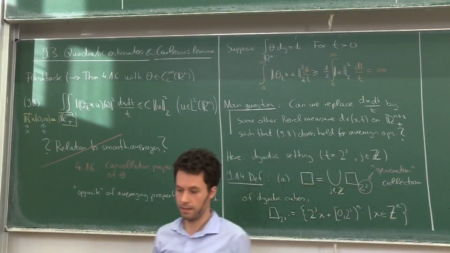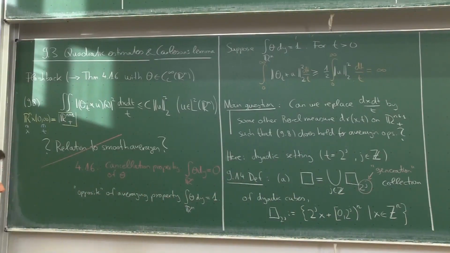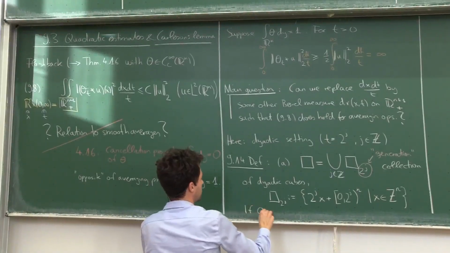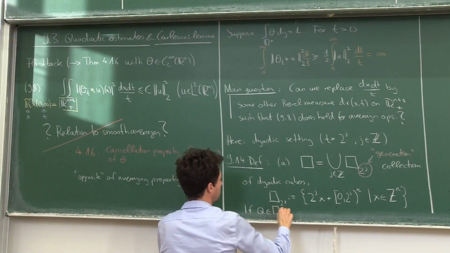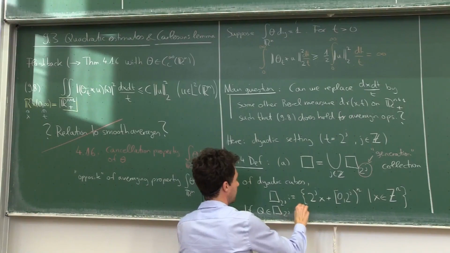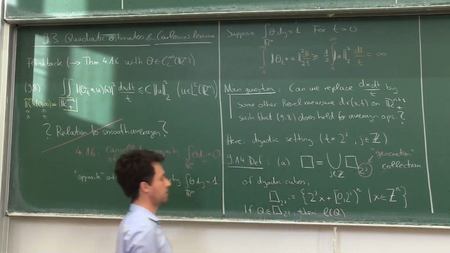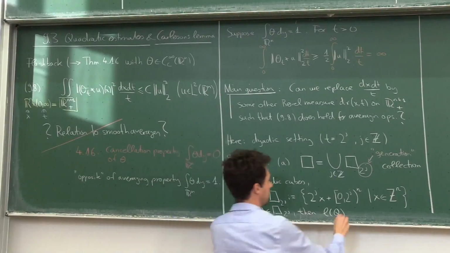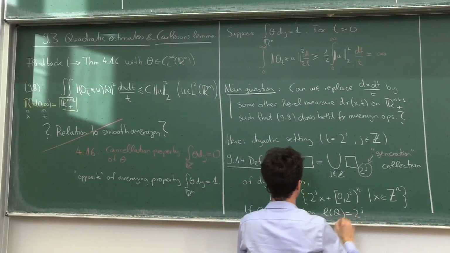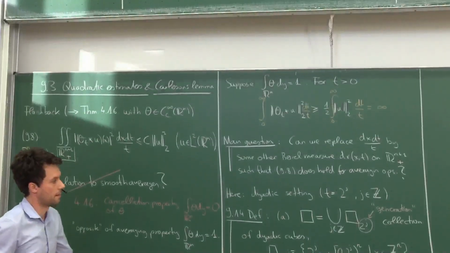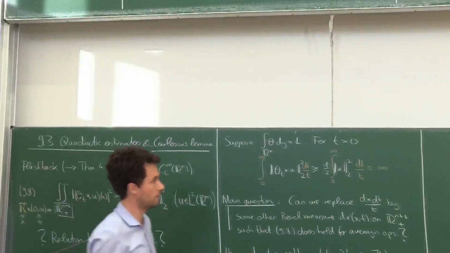If Q is such a dyadic cube of generation 2 to the j, then L of Q is the side length, which is 2 to the j. So these are the cubes I'm using.